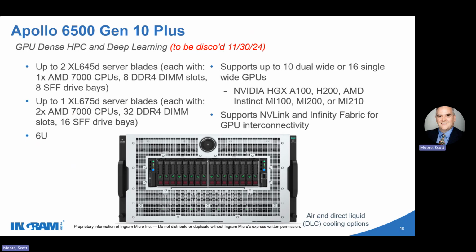The big deal about the Apollo 6500 Gen 10 Plus is support for up to 10 dual wide or 16 single wide GPUs. Now, if you're going to go with dual wide, you might want to stick with 8, just because when you interconnect the GPUs, 8 is kind of optimal performance, but you can support up to 10 dual wide GPUs in here.